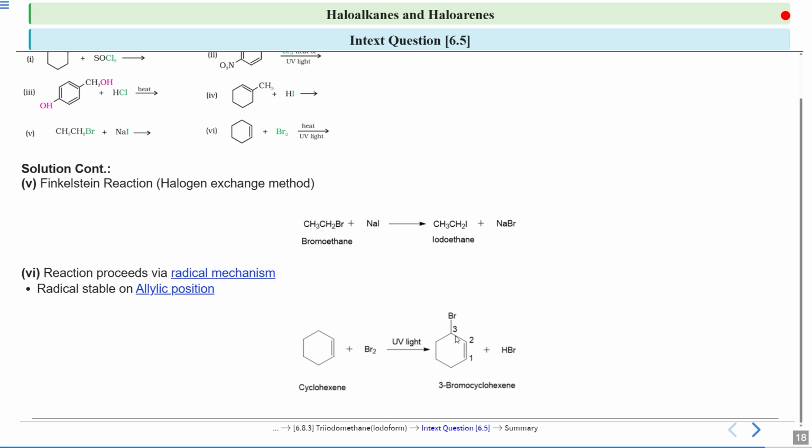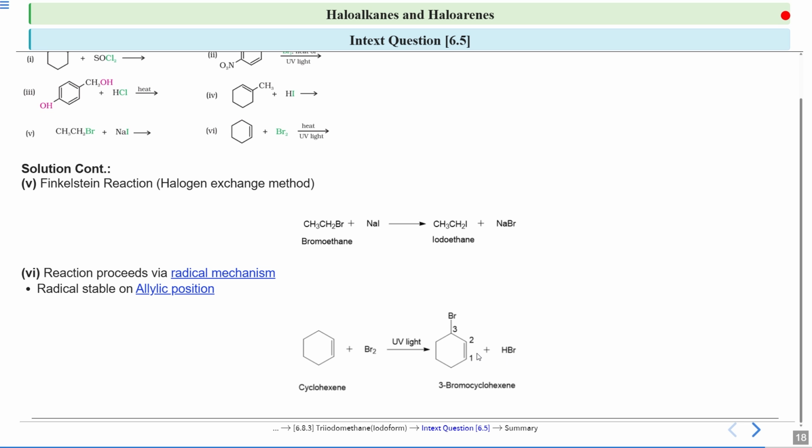So the third position is the allylic position, because this carbon is the one attaching with bromine, and it is sp3, but it is attached to an sp2 hybridized carbon involved in the double bond. So the bromine radical is going to stabilize on the allylic position of the alkene and you will get your major product as 3-bromocyclohexene, plus HBr as your side product.